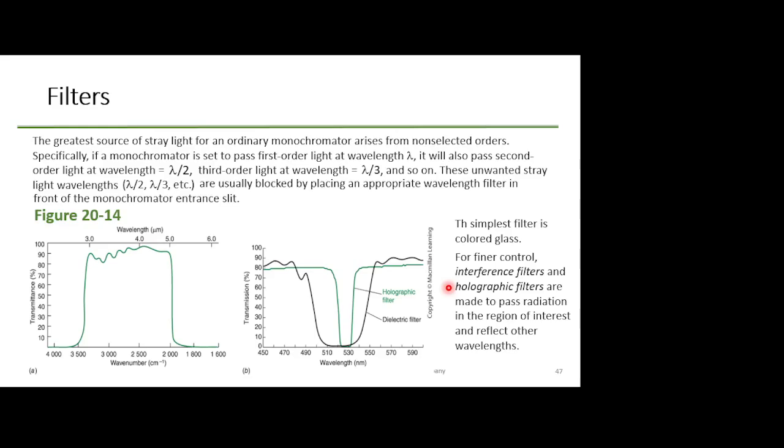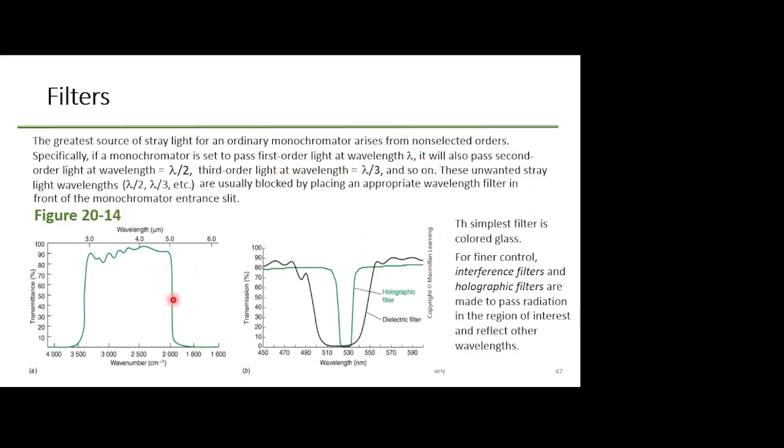Filters. Now, in terms of filters, what you'll see is that most sources are going to have stray light that will come along with it. And so you want to get rid of some of that stray light. A monochromator is going to be set to first order light at a specific wavelength.